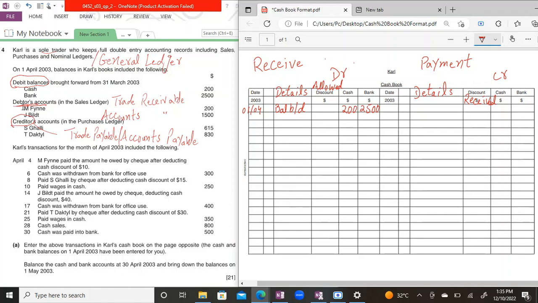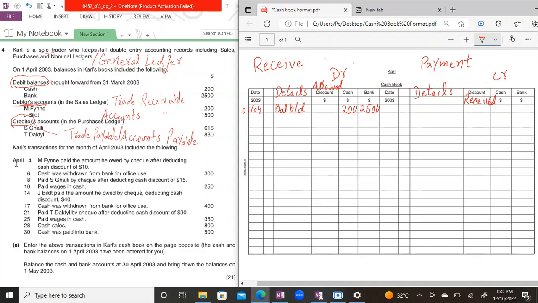So again, for the trade receivables, for the debtors and creditors, these are the opening balances 200 and 1500. We have two account receivables, and similarly we have two account payables for 615 and 830. Both of them are account payables and receivables. So at the moment we are not going to record any information. Now let's go to the next transaction.